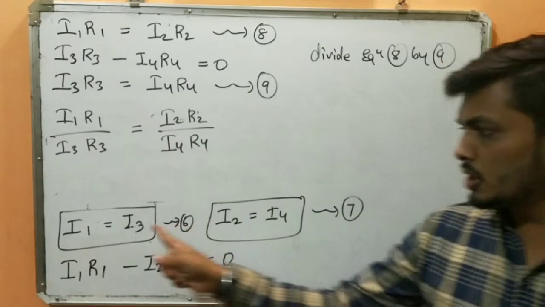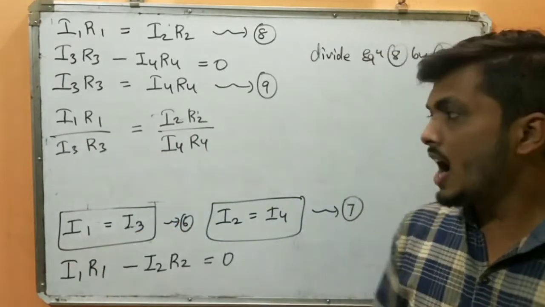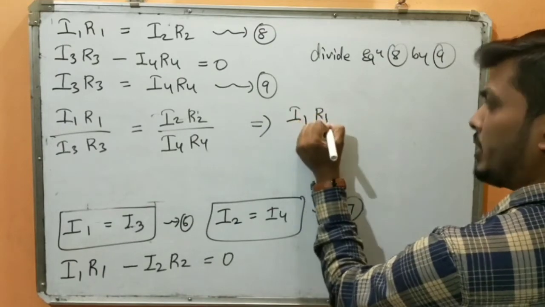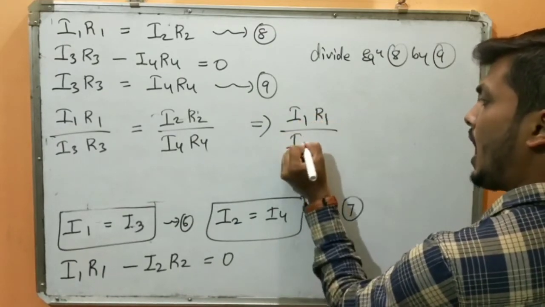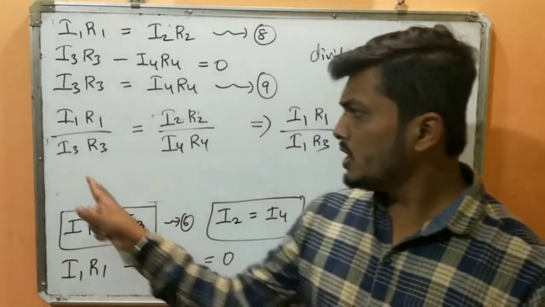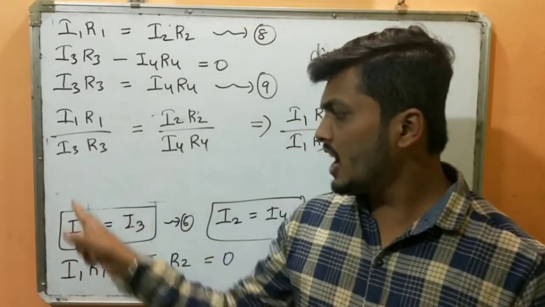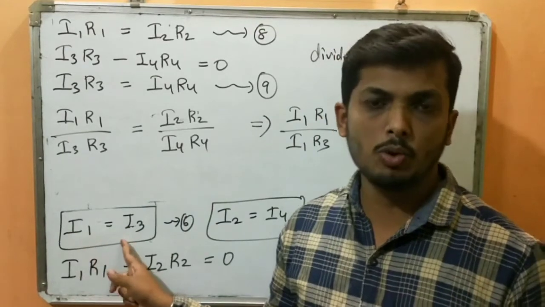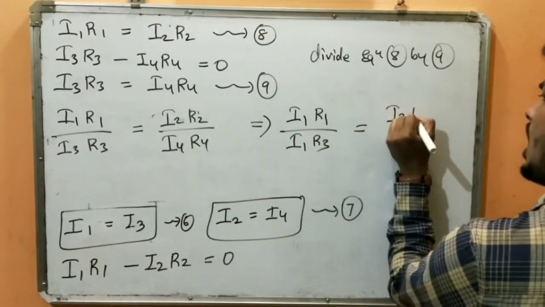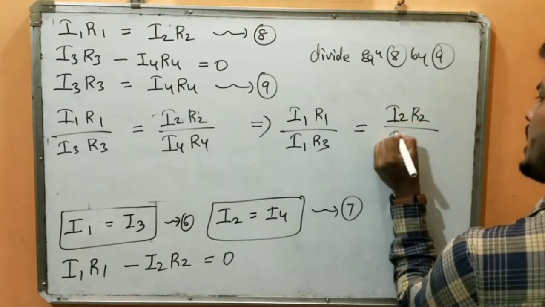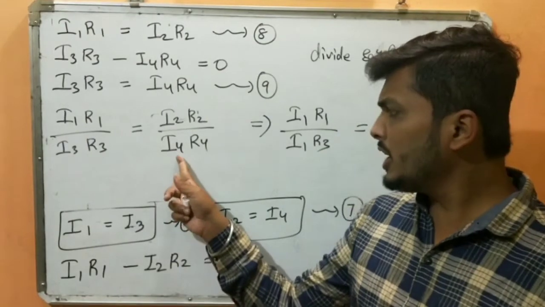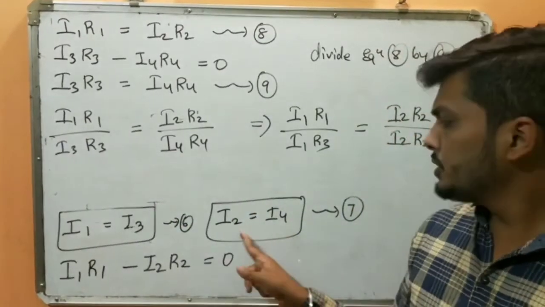From this equation I1 is equal to I3. So can I write I1 R1 divided by I1 R3? Is that clear? Instead of writing I3, I am writing I1, because I1 is equal to I3. Same thing, I can write I2 R2 divided by I2 R4, because I4 is equal to I2.